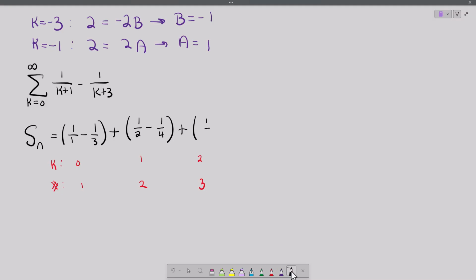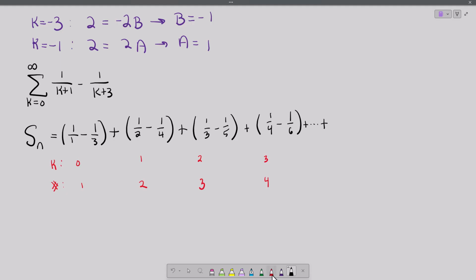So plug in a 2 and we get 1/3 minus 1/5. We'll go one more term here. So the fourth term will correspond to a k value of 3. So plugging in a 3. We've got that. So we've got our first 4 non-zero terms.